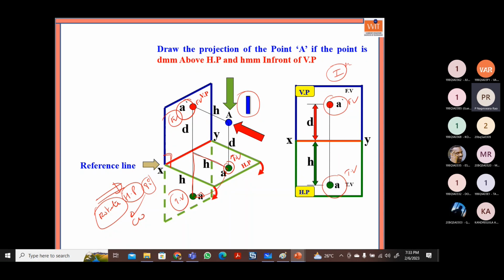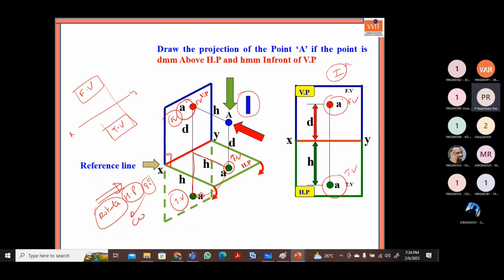So whenever we take the first angle projection, with the XY line, whatever the image is, the image above the XY line is by default the front view. Exactly below the front view there will be an image, and that image is called the top view of any object. So above the XY line is the front view image, below the XY line is the top view image. We can see after rotation it happened like this.